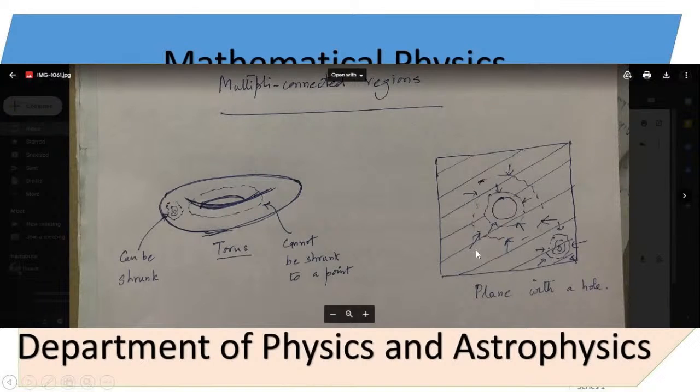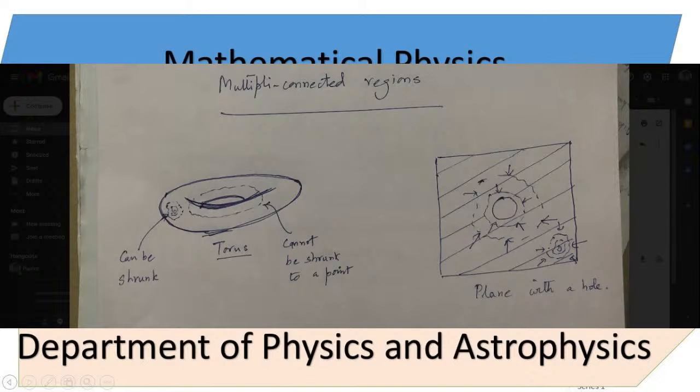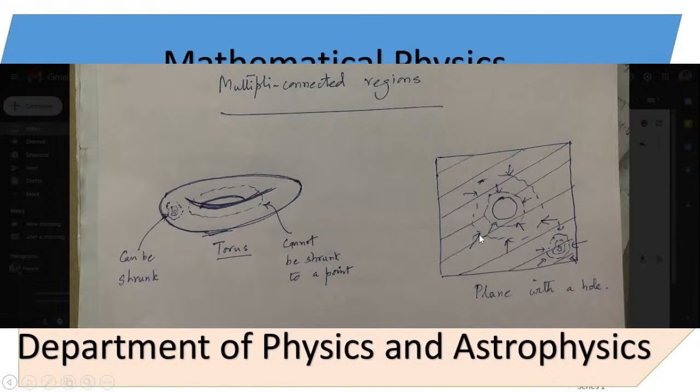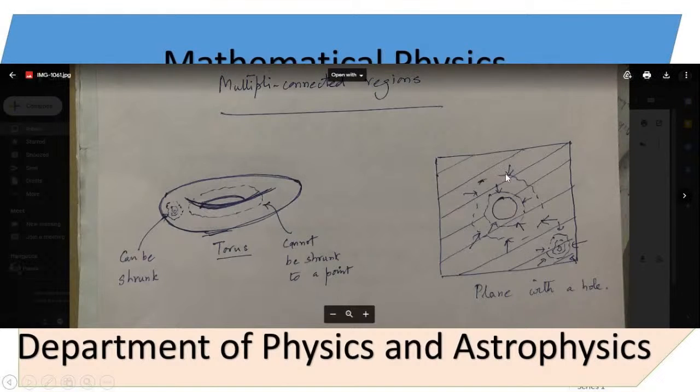But that doesn't make the square with a hole a simply connected set, because there are contours which cannot be shrunk to zero size without leaving the square with the hole. Example, you take this contour and try to shrink, and soon you will see that the moment you touch the boundary of the hole, further shrinkage will take you out of the region. It will go into the hole, but that region doesn't belong to the set. So this set is not simply connected.